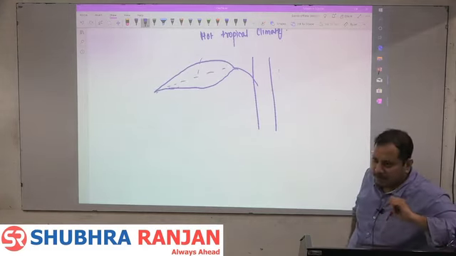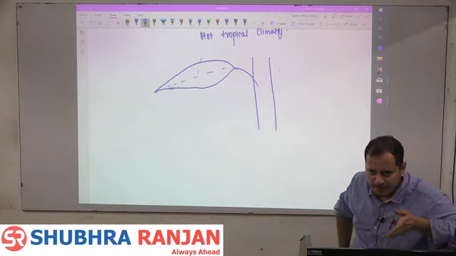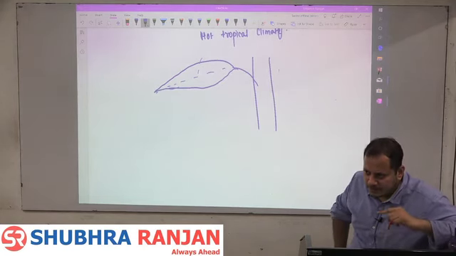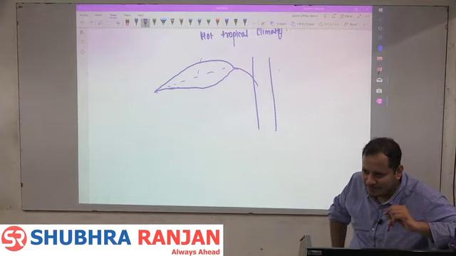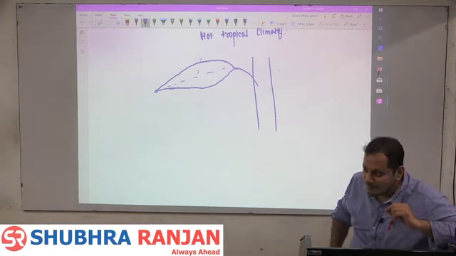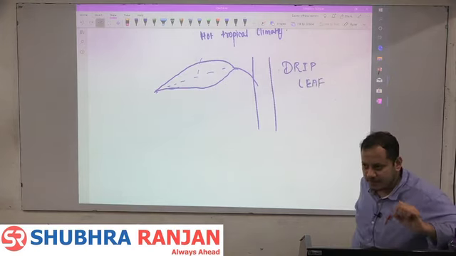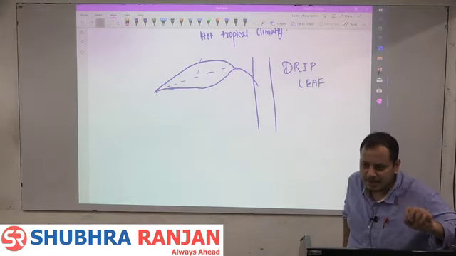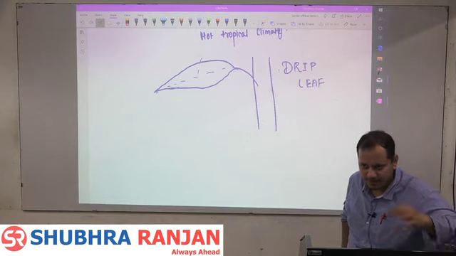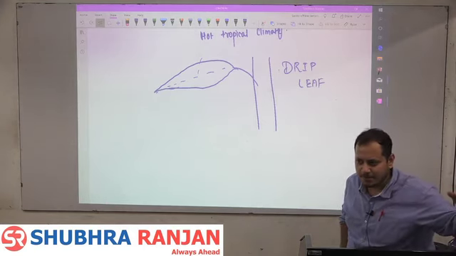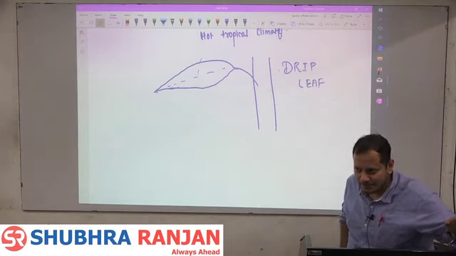Can I say this is a typical example of leaf of any tree in India? Why is the shape of the leaf like this? It is known as tree leaf. Such tree leaves ka shapes indicates a rainy climate. There will be heavy rainfall so that the water can drip away. Water can go away. Fine.